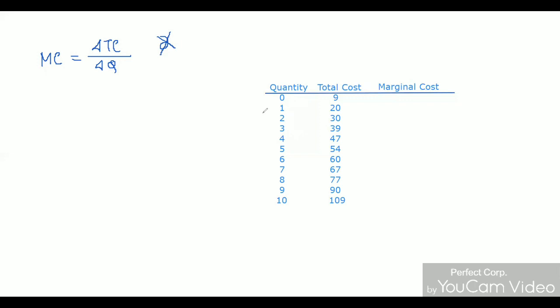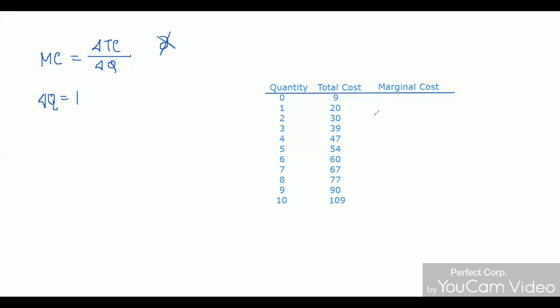If you look carefully, you can see that every time the change in Q is by 1 unit, so the denominator in this particular case is always 1. So we can easily calculate the marginal cost if we calculate the change in the total cost.